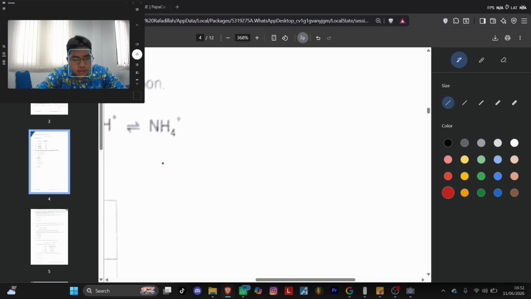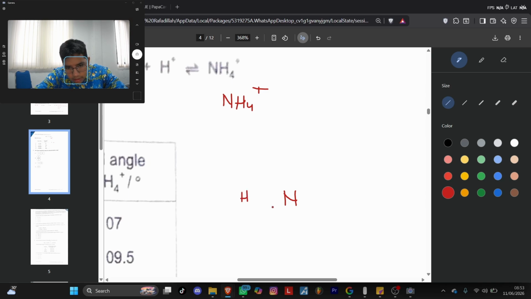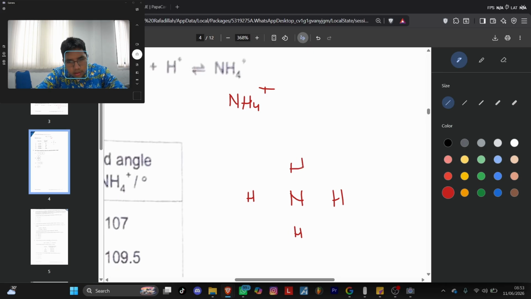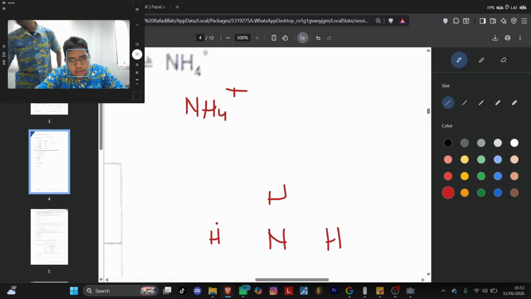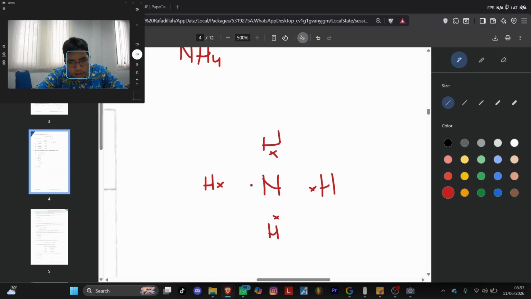So the Lewis structure of NH4+ is N with H, H, H, H. The H has one electron, so X, and N we need to find 7. To complete it, we need 1, 2, 3, 4, 5, 6, 7.